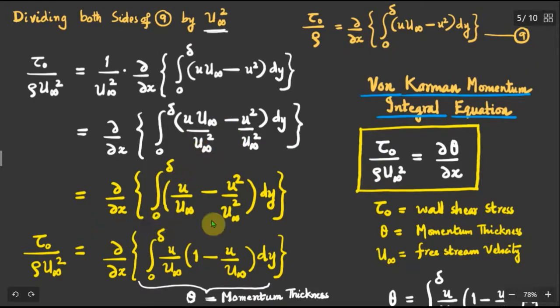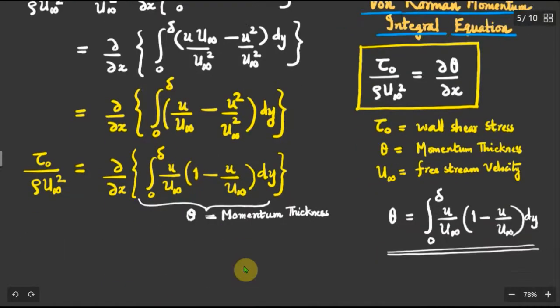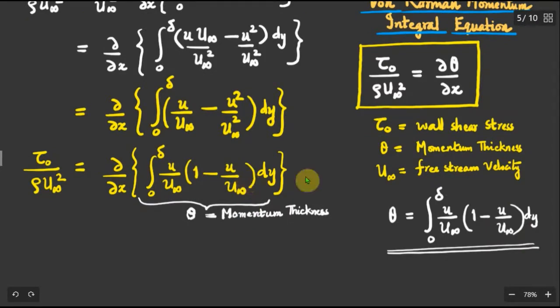So the simplified expression will be dou by dou x of integral 0 to delta of u by u infinity minus u square by u infinity square into dy. From these two terms you can take u by u infinity common. So on the right hand side, dou by dou x of integral 0 to delta u by u infinity into (1 minus u by u infinity) dy.